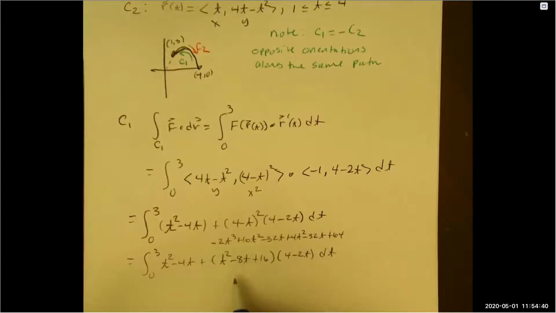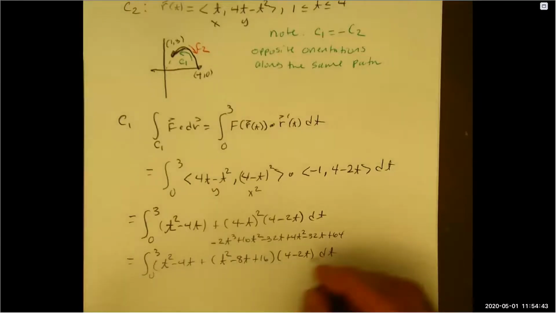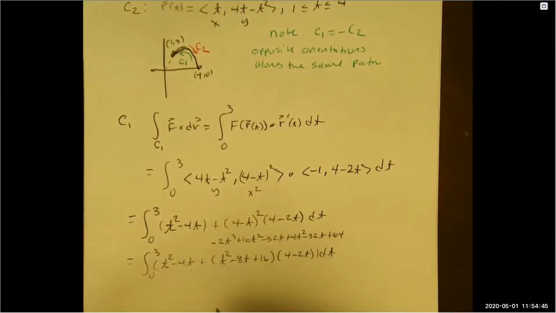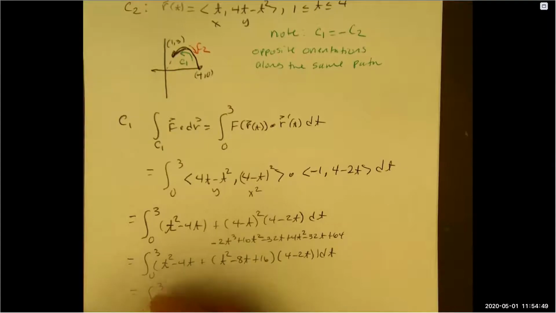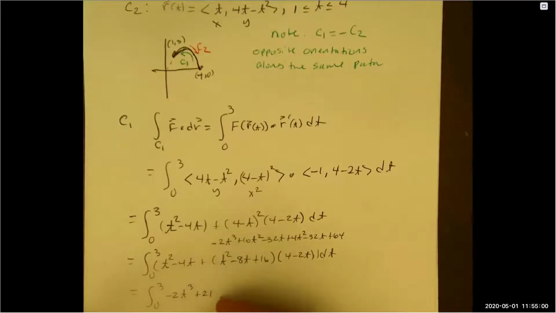And then let's combine everything. So we're going to have the integral from 0 to 3 of minus 2t cubed plus 21t squared minus 68t, and then plus 64. So we have all that.